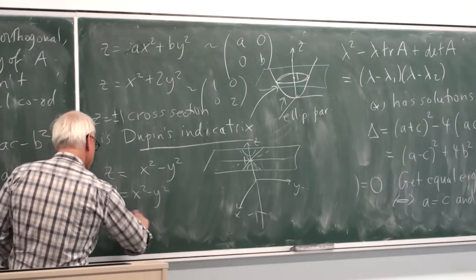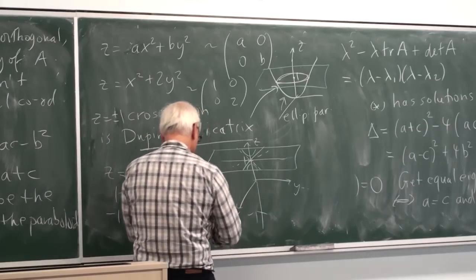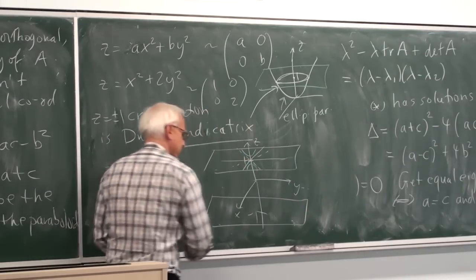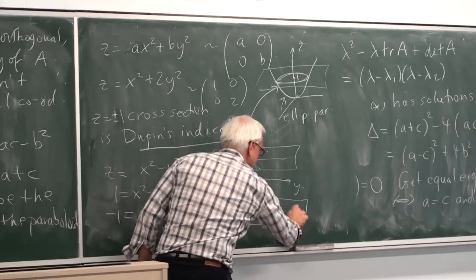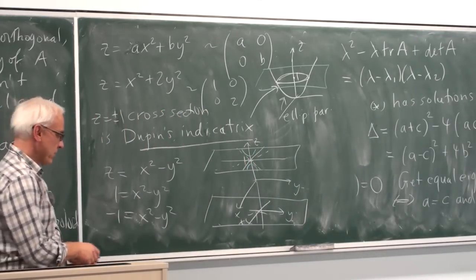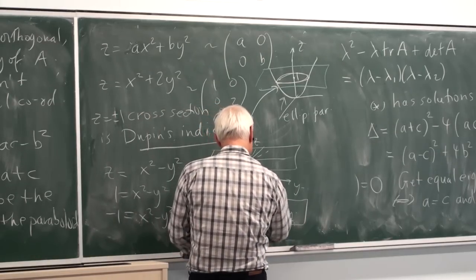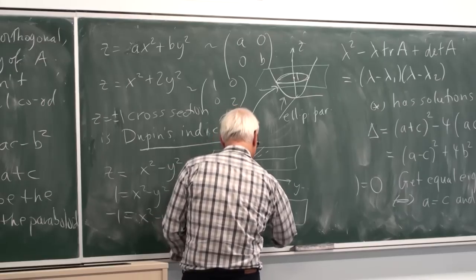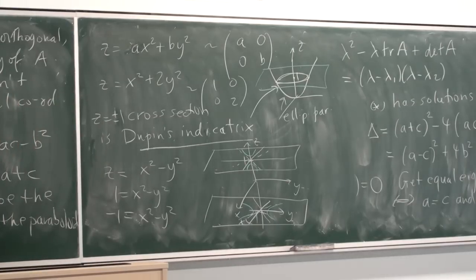But if we have minus 1, we have x squared minus y squared, then we're talking about the intersection with the plane down here. Also an x and a y. And then the asymptotes like this, and the hyperbola is opening in the other direction.